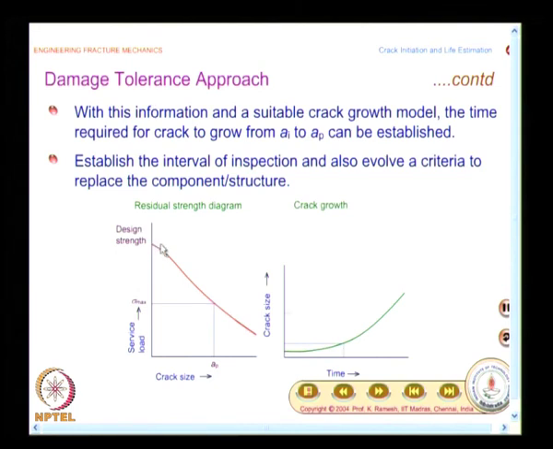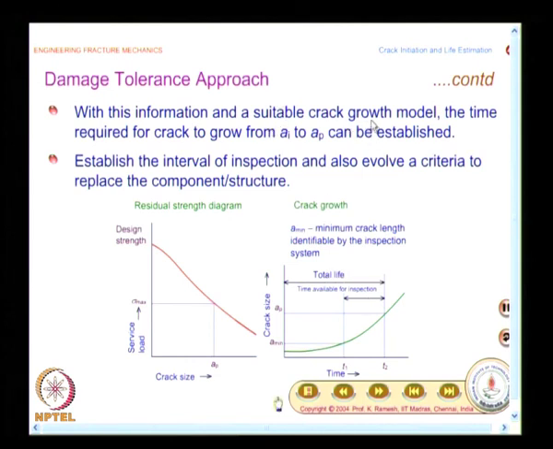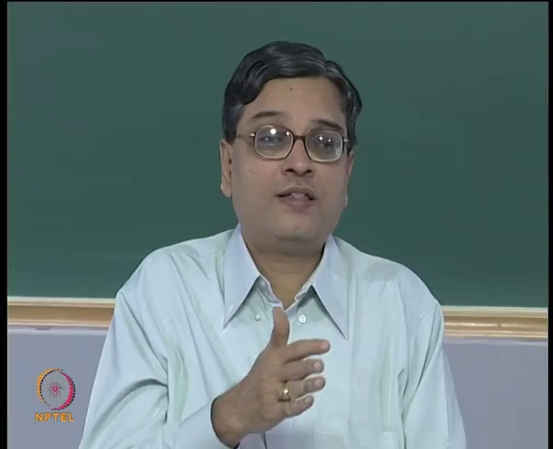So, you can get the residual strength diagram, similarly you get the FAD, failure assessment diagram, you also look at crack growth data and then estimate the intervals appropriately. So, the crack growth model is very, very important, and we have already seen if you are going to have random loading, one of the difficult tasks is even to assess realistically the type of loading acting on the structure.